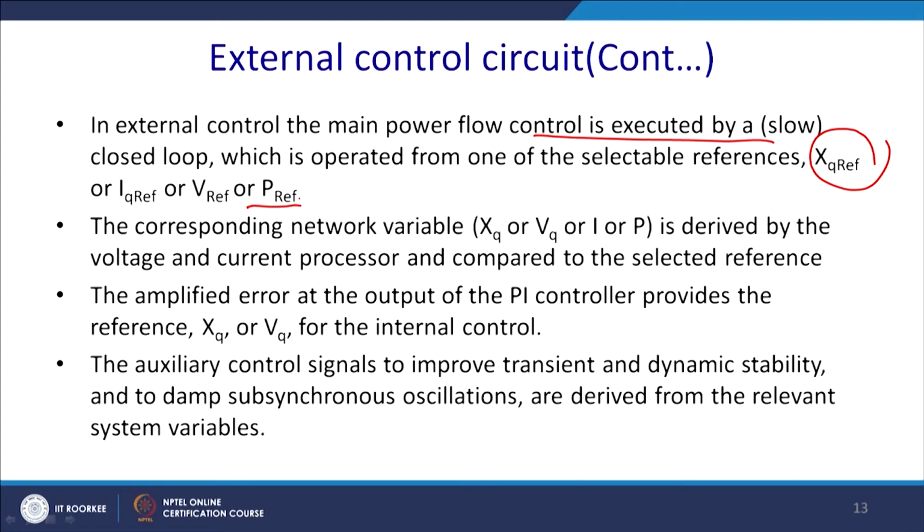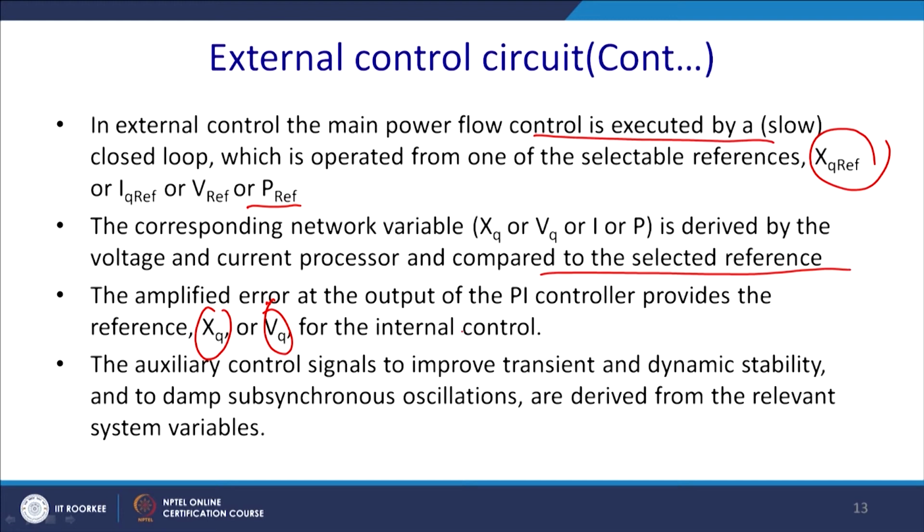The corresponding XQ, VQ, I or P available in the network is derived by the voltage current processes and compared to the selected reference. The amplified error at the output of the PI controller provides the reference VQ and XQ for the internal control.